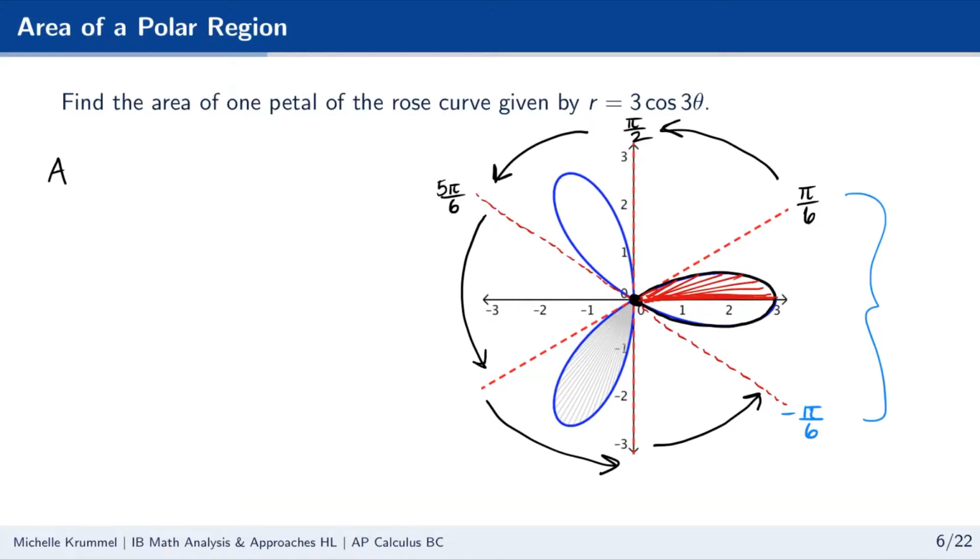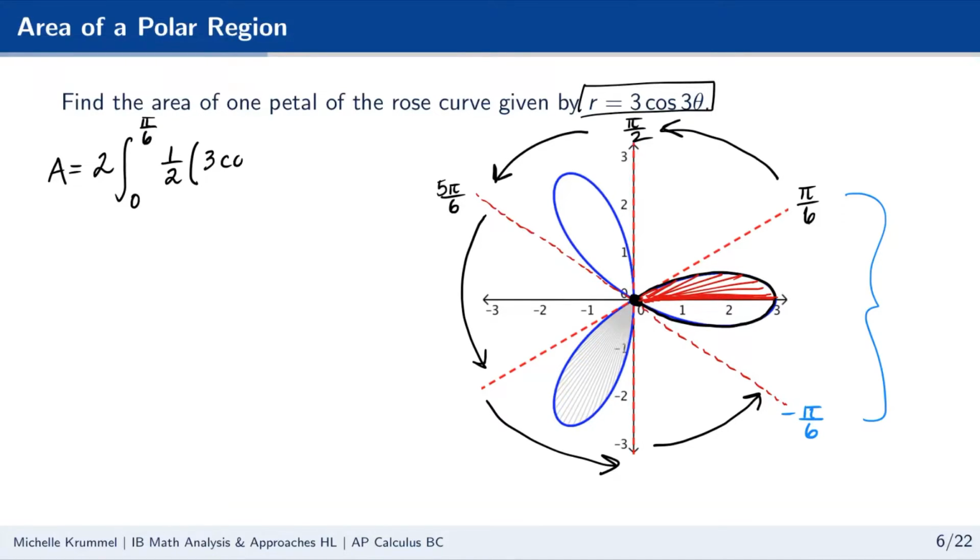So the area inside of one petal would be 2 times the integral from 0 to pi over 6. And then I'm using my formula for area of a sector, which is the 1/2 times r squared. And here's the r right here.